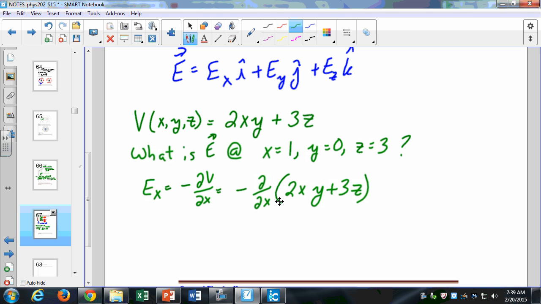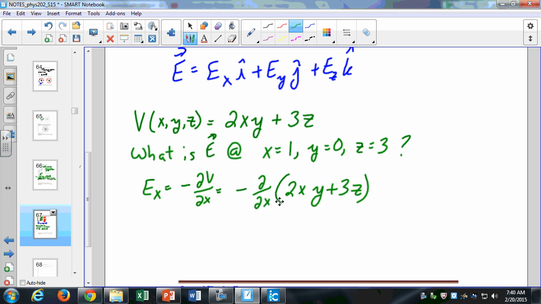When I apply this partial derivative, I take the derivative of each of these terms, but only with respect to x. So whenever I look at this function, if I'm taking the partial with respect to x, I imagine that these things are all constant. I only want to know how the function is changing with respect to x.